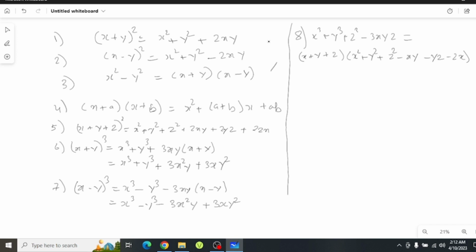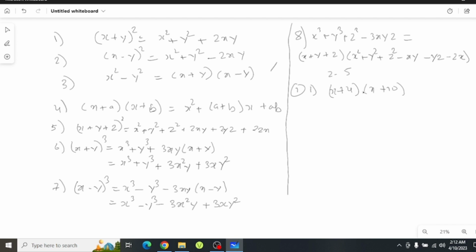Like for example, if you see question number 1 of exercise 2.5, question number 1 part 1, the question is (x + 4)(x + 10). The basic way to solve this question is first multiply x with this bracket and then multiply 4 with this bracket and add all of the terms.